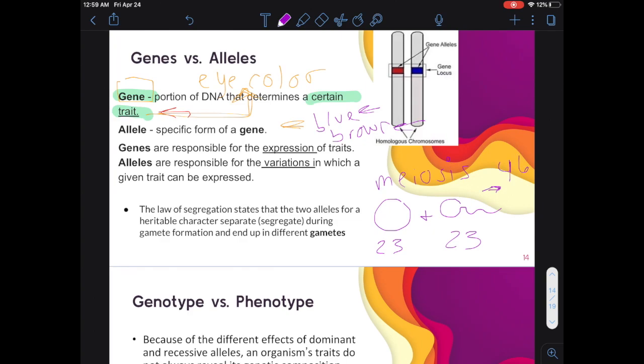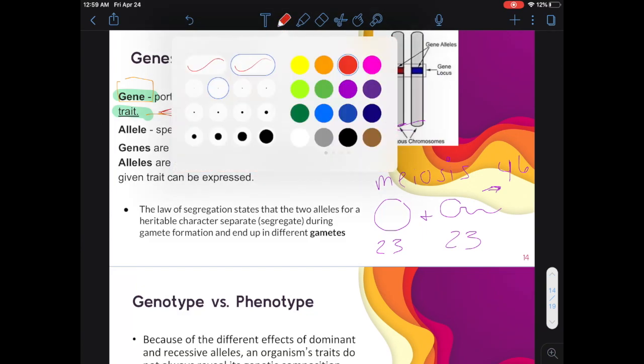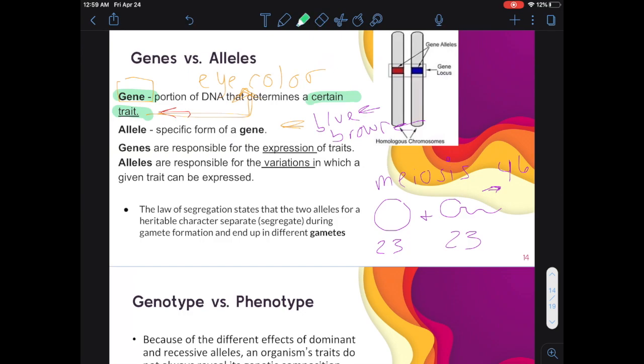Now, remember when we talked about those genetic laws in meiosis, that we will talk about again, but one that I want to bring up is the law of segregation. Remember, it states that two alleles need to separate during meiosis to end up in different gametes. So allele, specific form of a gene, right?